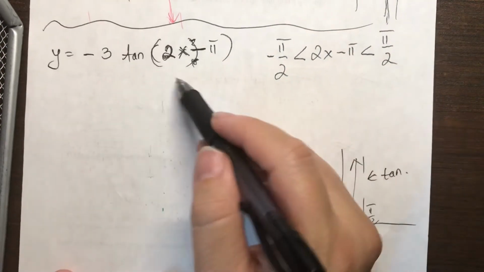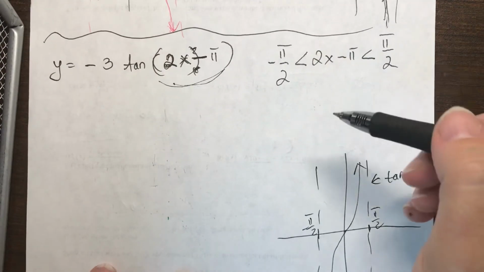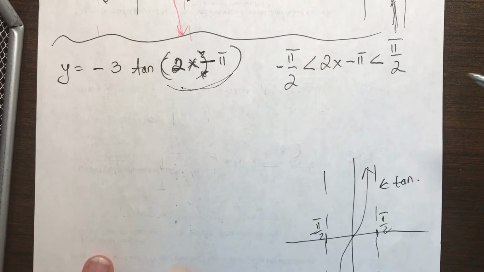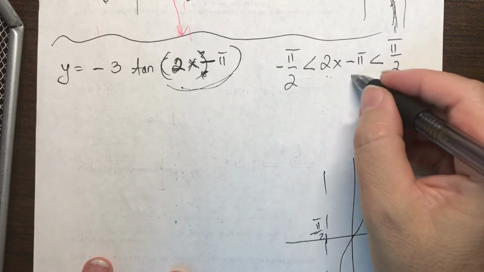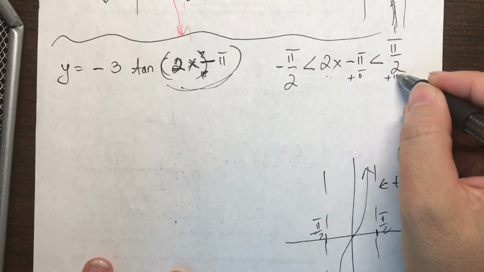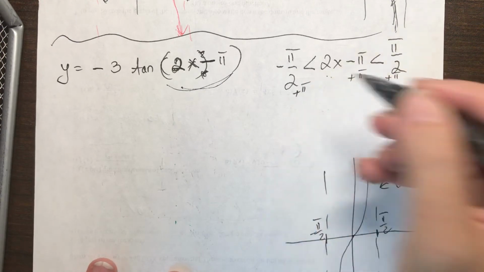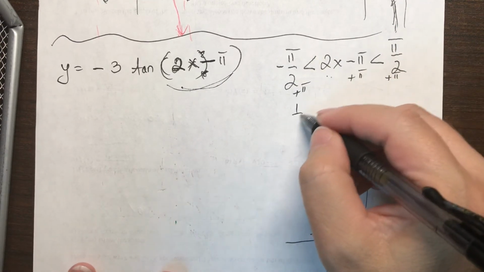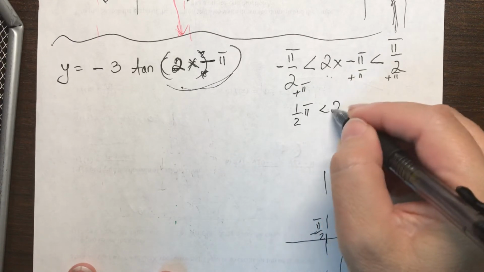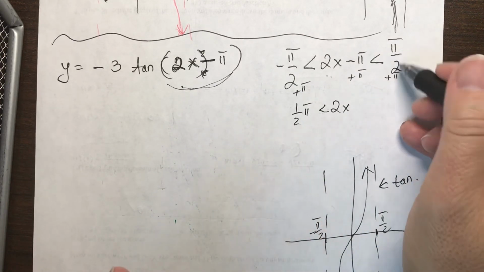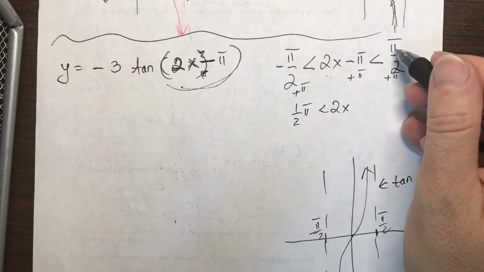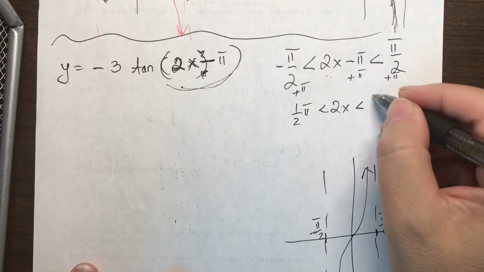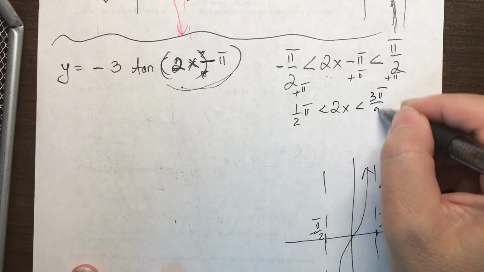So then I'm going to take whatever's inside this tangent and put it between those two values and solve for x. So what do we do? Add the 1 pi. And again, all you're doing is really adding fractions. Ignore the pi. Negative 1/2 plus 1 is positive 1/2. 1/2 plus 1 is 3/2 of these pi's.